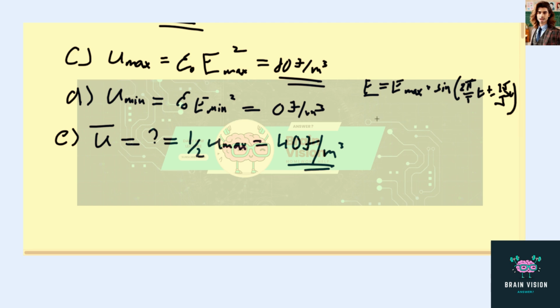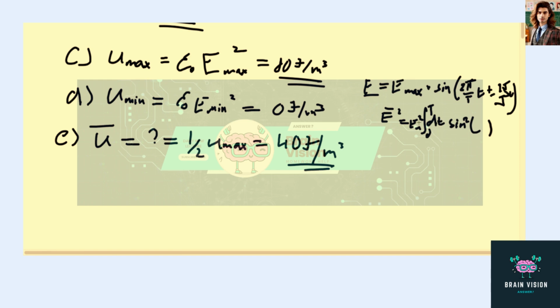The average E squared is going to be the integral from 0 to T of E max squared times dt sine squared of this argument.